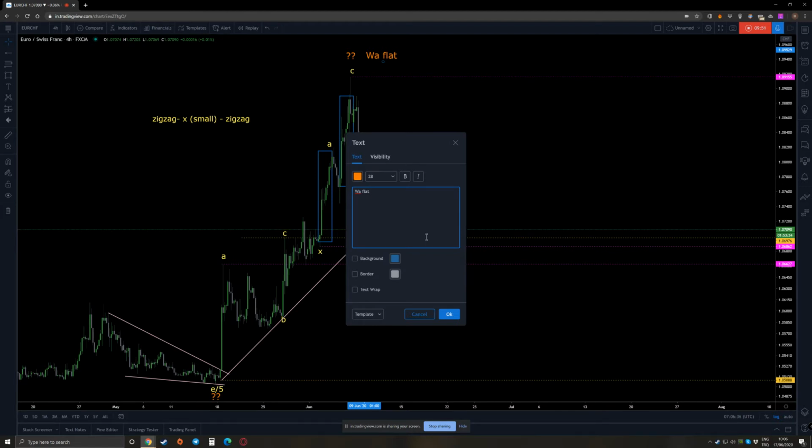It can also be a wave B of a flat. It can be a wave B of a zigzag. It can be a second wave, a fourth wave, an X wave. It can be any A, B, C, D, E triangle, or it can be a terminal, so I will write terminal 1, 2, 3, 4, 5. Okay.